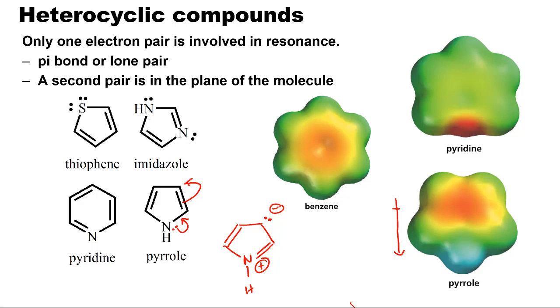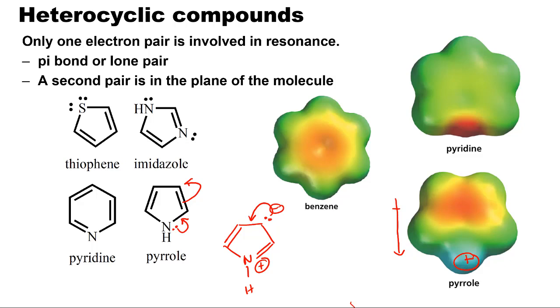There are several resonance structures, 5 of them, that you can draw for pyrrole as an aromatic compound. In each of those structures, there's a positive charge on the nitrogen, or on the hydrogen end of the molecule, because of the delocalization of the negative charge into the ring. So the pair of electrons on the nitrogen donate into the ring and create relatively high electron density in the ring.